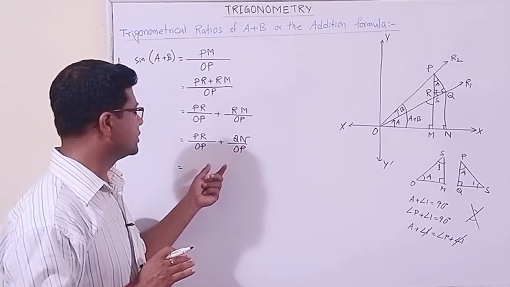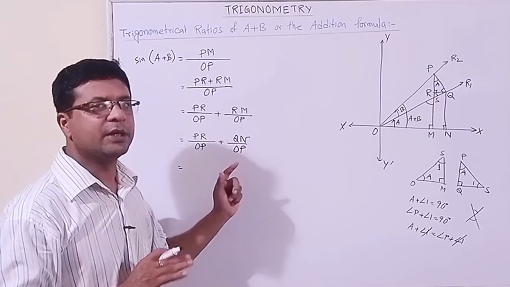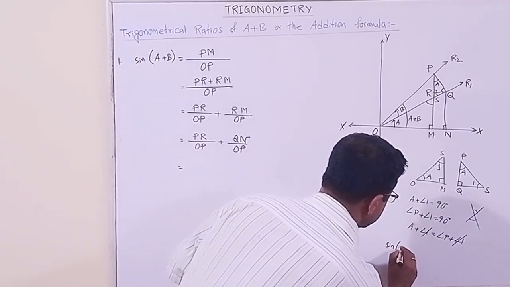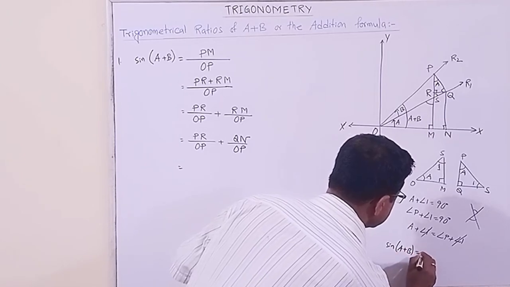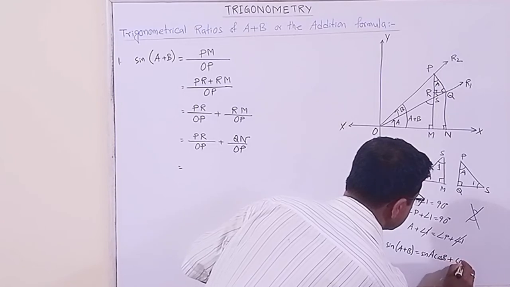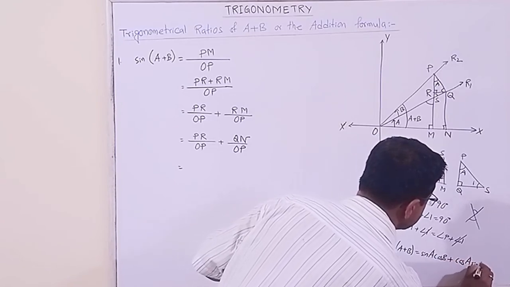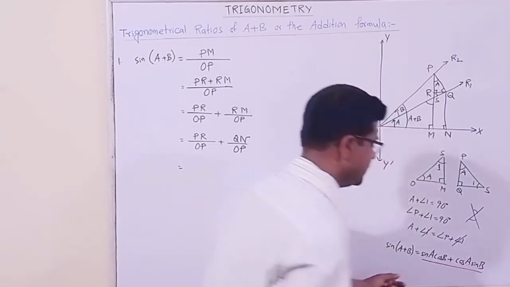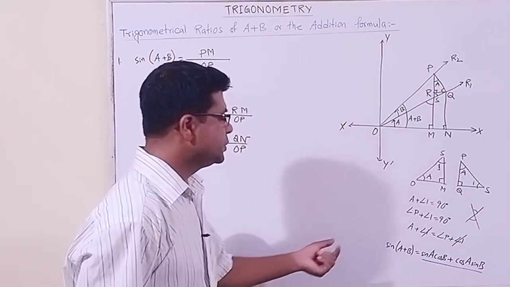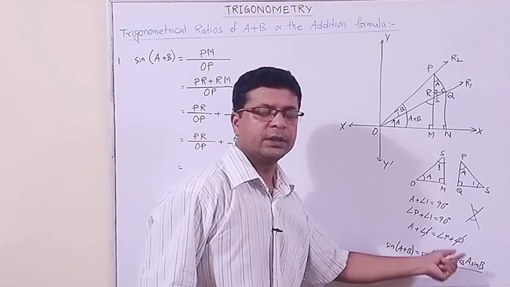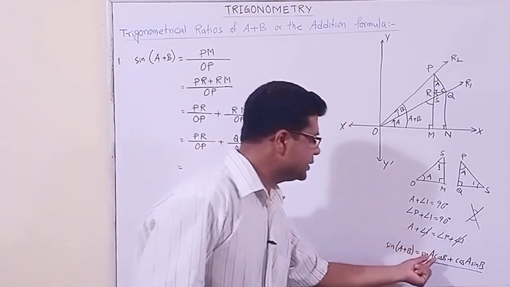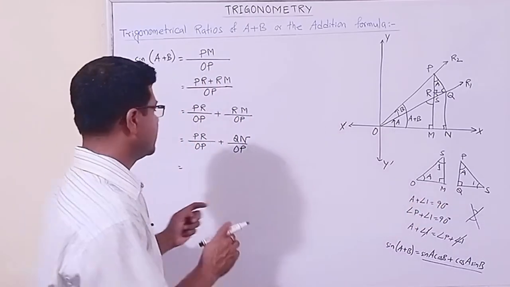The formula will be sine of A plus B equals sin A cos B plus cos A sin B. Actually we are going to prove this formula. So initially I am saying we are going to prove it. So everything should be in terms of sine and cos. Now sine means perpendicular by hypotenuse, cos means base by hypotenuse. So we'll look after that.